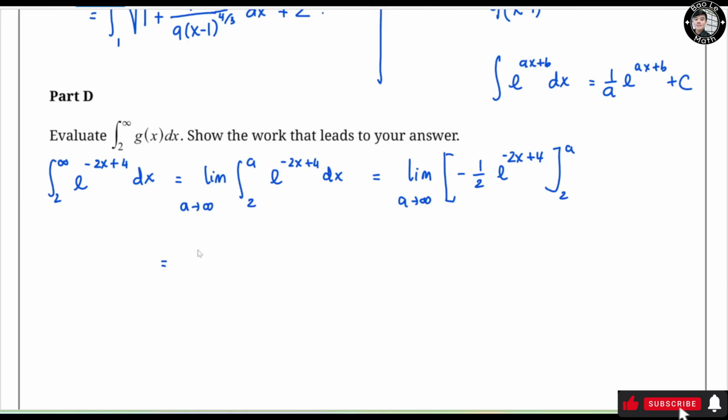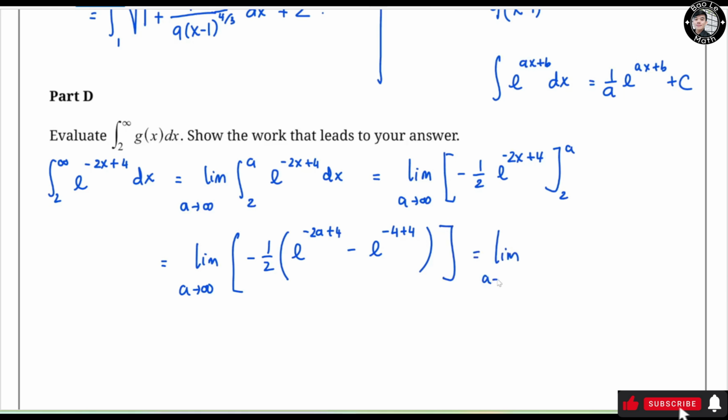So it's going to be the limit as a approaches infinity of negative 1/2 times e raised to the negative 2a plus 4, subtract e raised to the negative 4 plus 4, right? So it could be the limit as a approaches infinity of negative 1/2 times e raised to the negative 2a plus 4, minus e raised to 0, which is going to be 1, right?